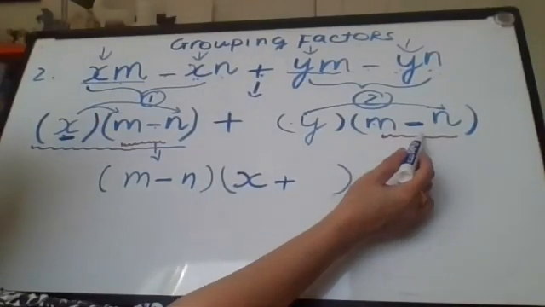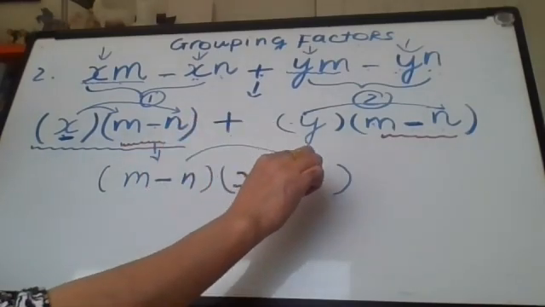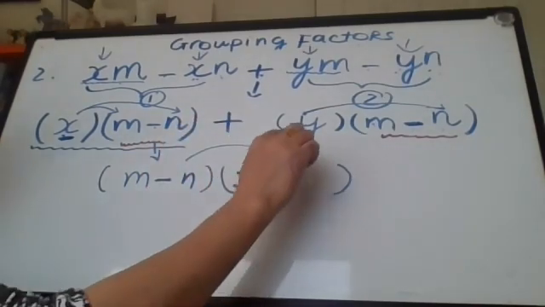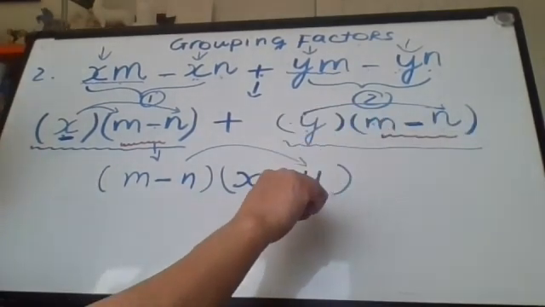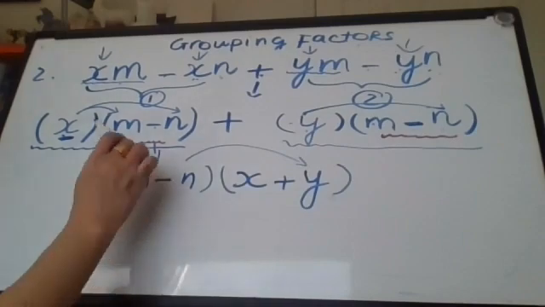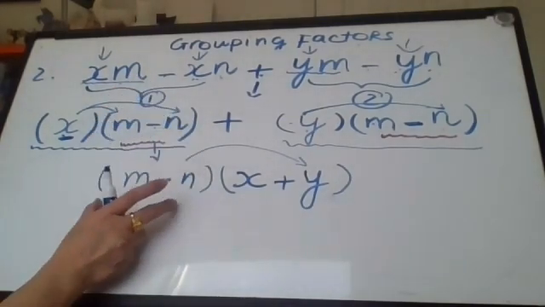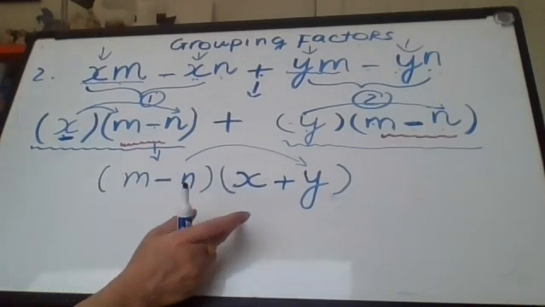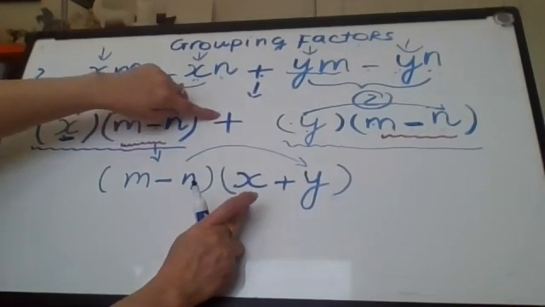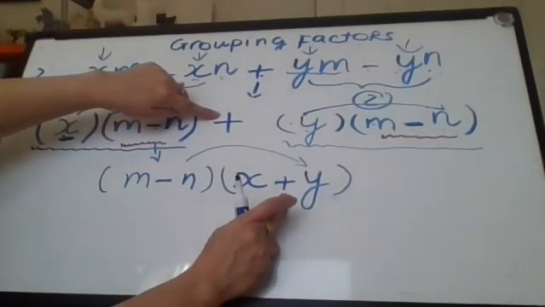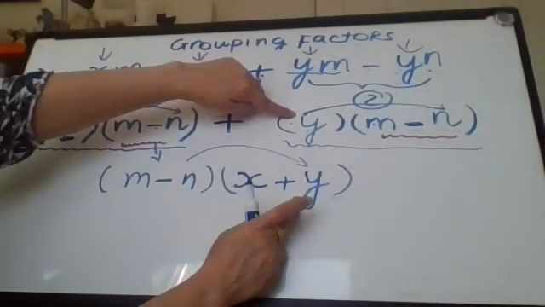We already have M minus N, we put it here. When we combine to the second term, we should get back the same thing. So Y goes in here, right? So you pull out the M minus N as a common factor, put in one bracket. You look back, X is left over, put in here, put the sign down, the plus sign, and put the Y in here.